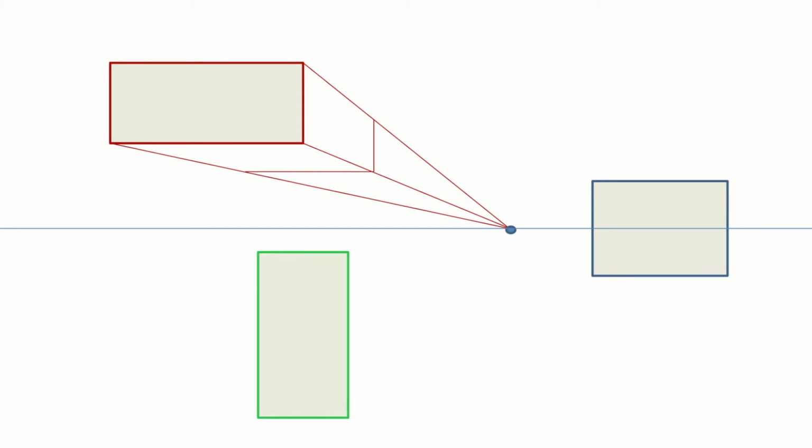Next, draw 2 lines parallel to each of the sides of the rectangle. You can then make those lines darker and erase off your guidelines.